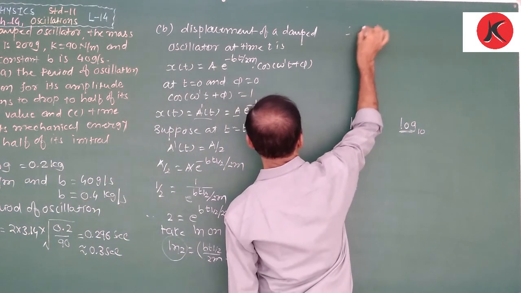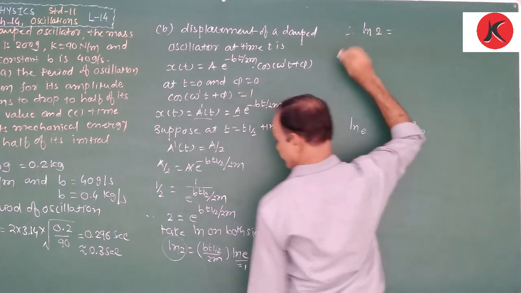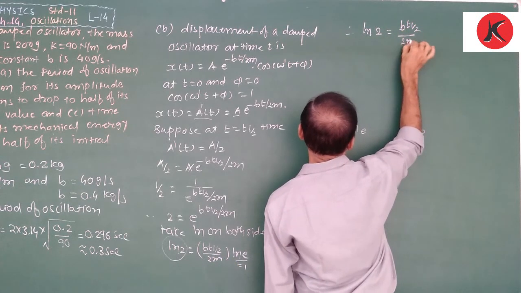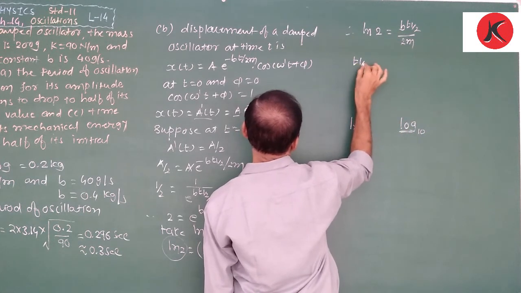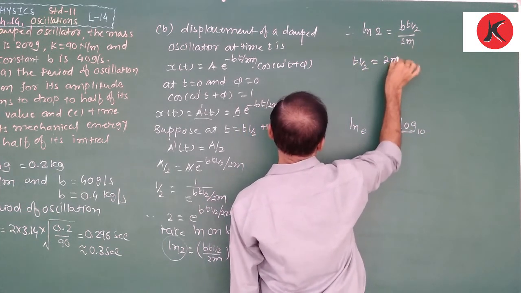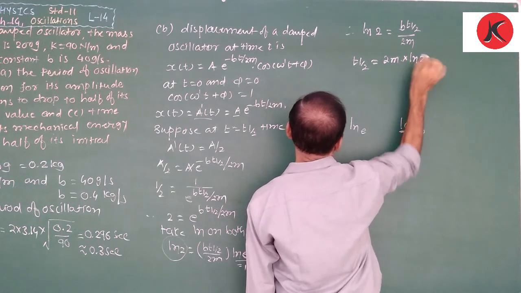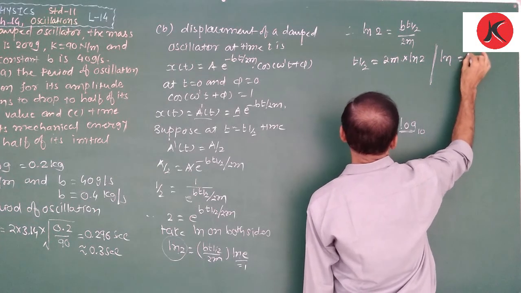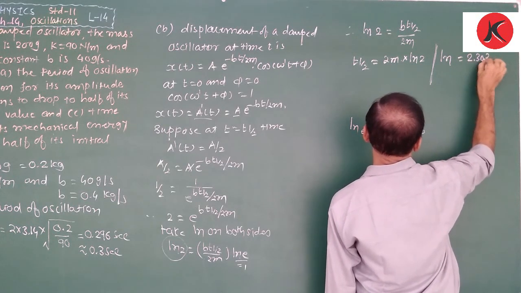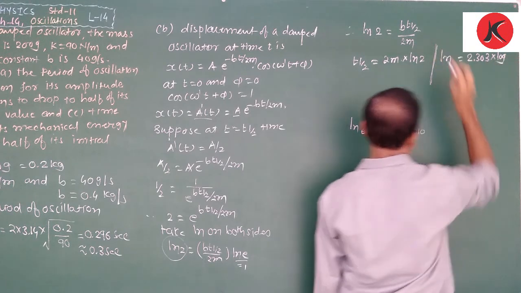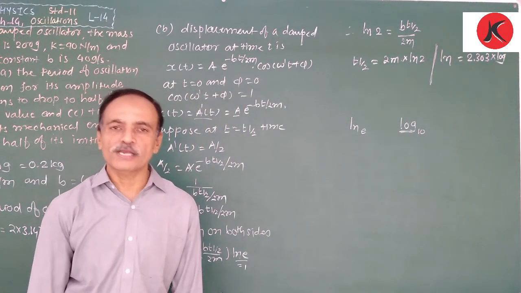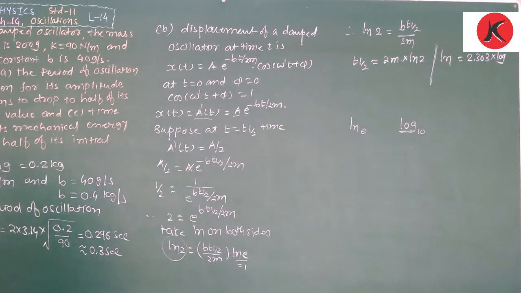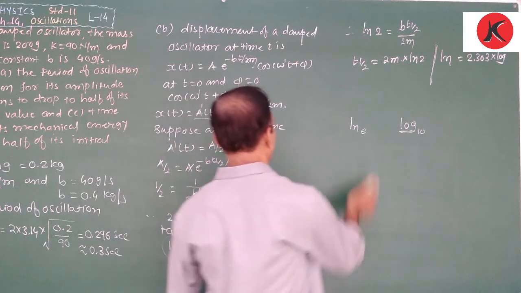Therefore, ln 2 is equal to b into t half upon 2m. We require t half is equal to 2m into ln 2 upon b. Now listen, to convert ln into log, we have to multiply by 2.303 into log. There is a standard equation, already you are using it in chemistry, right? So this way we convert ln into log.